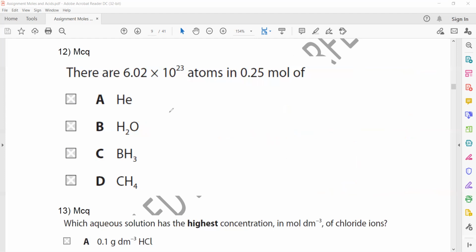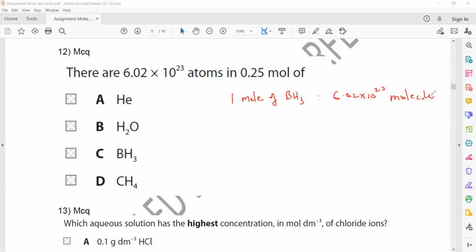What about option C? When we check option C, as we know, 1 mole of BH3 will have 6.02 into 10 power 23 molecules, because it is a molecule.